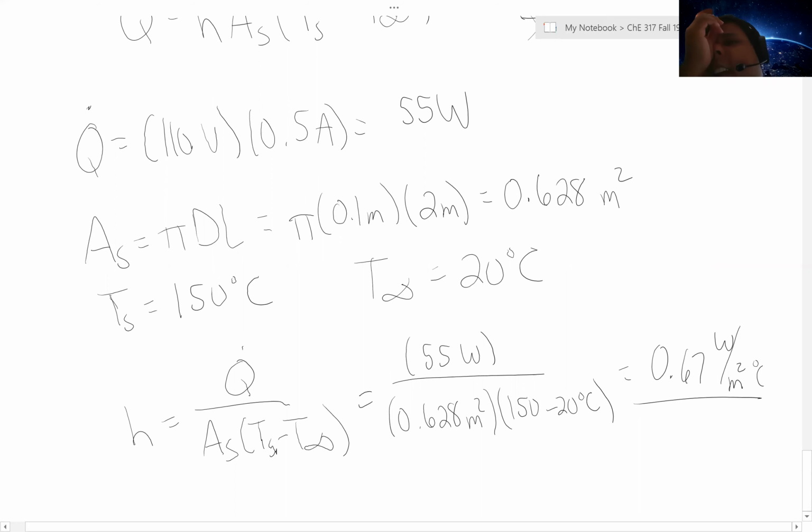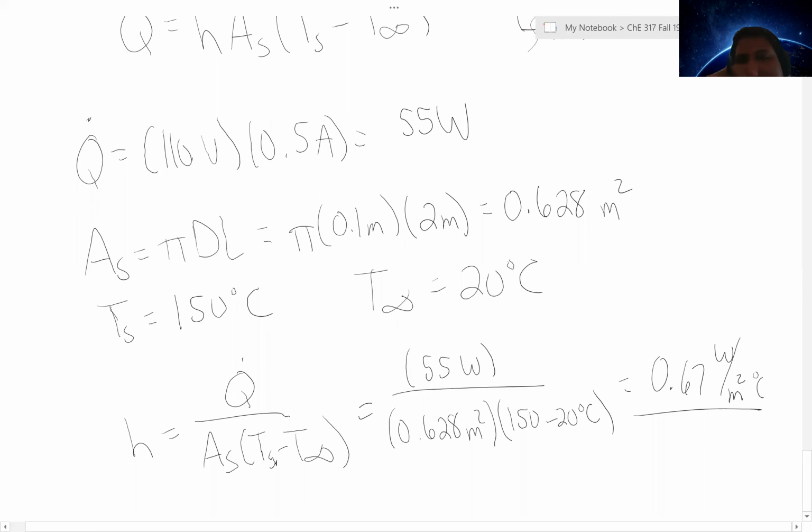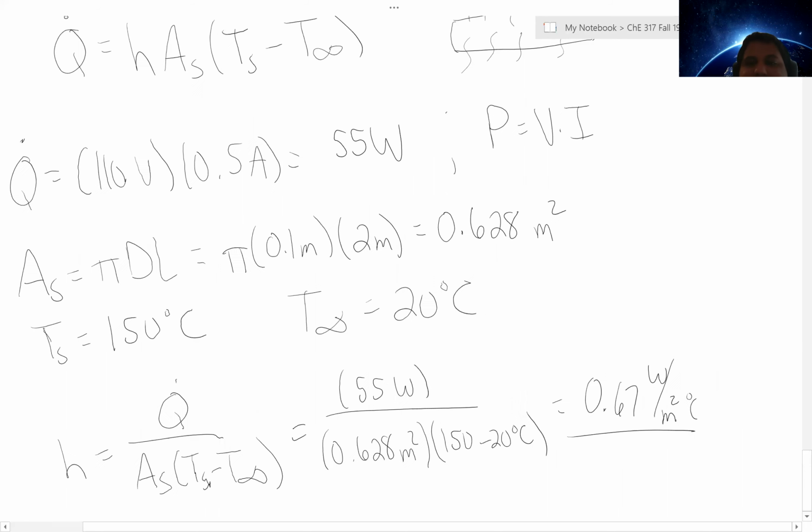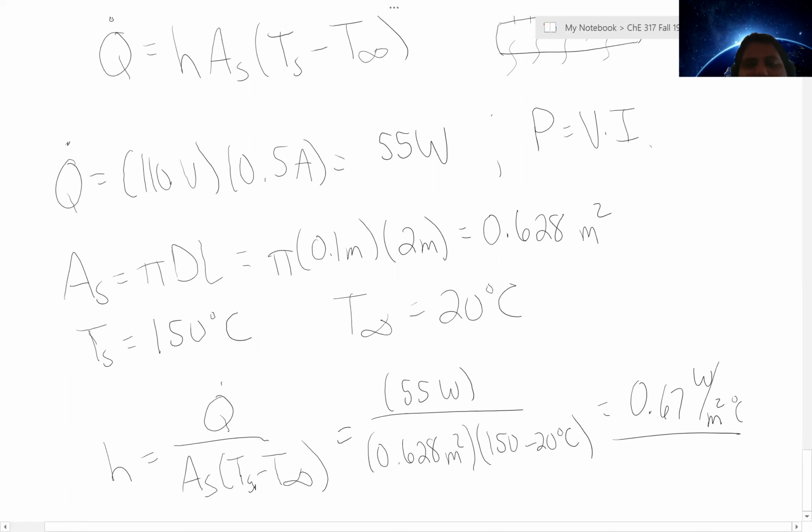P equals IV, or V squared over R. There's one other I can't remember off the top of my head. What you're probably missing is just that power is equal to volts times current for electricity. If we're converting all that power to heat, I just assume that's where my Q is coming from.